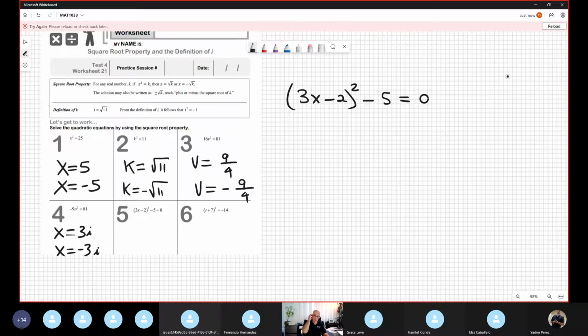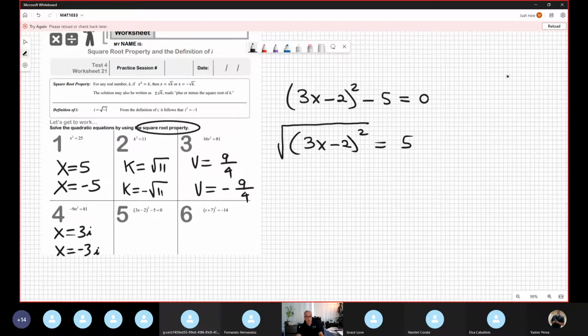This is one possibility. However, I take advantage that somebody knows the factorization of that part, and you apply one more time the square root property. How? Well, you isolate that part, which is a square, and move 5 to the other side. I apply a square root. Get the idea behind this square root method.